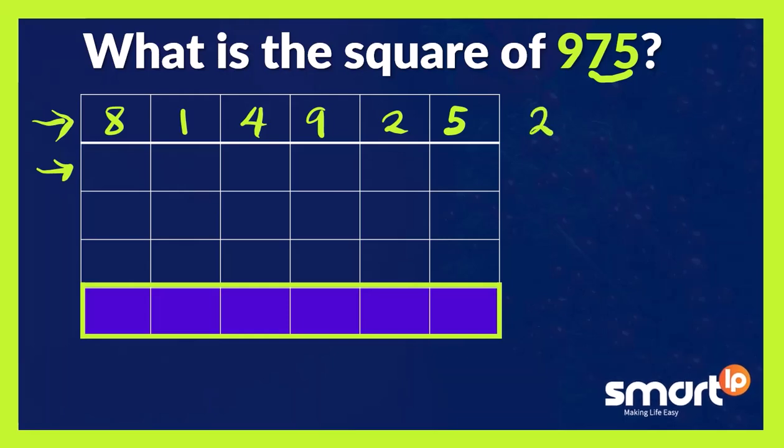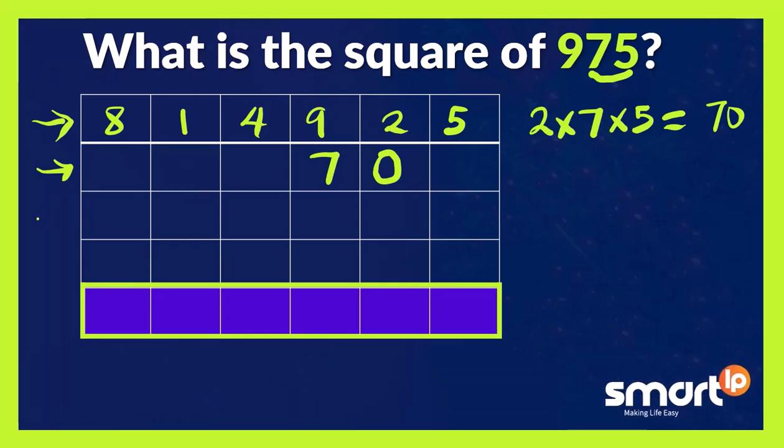So we'll have 2 multiplying the second digit, which is 7, multiplied by the third digit, which is 5. Okay, so 2 times 7, that is 14. 14 times 5, that's going to be 70. Okay, so for the 70 now, we're going to write the 0 here and we write the 7 here. So we are done with the second row.